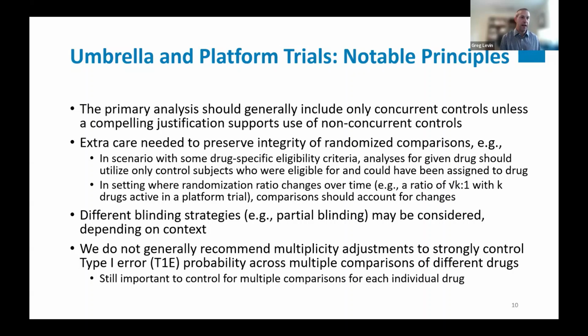And in the draft guidance on master protocols, we do not generally recommend multiplicity adjustments to strongly control type 1 error across the multiple comparisons of the different drugs. We do continue to emphasize the importance of controlling for multiple comparisons for each individual drug, for example, for multiple endpoints or multiple doses or multiple subpopulations that are being evaluated, but not across the different drugs. Next slide.